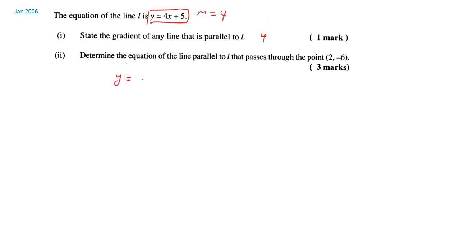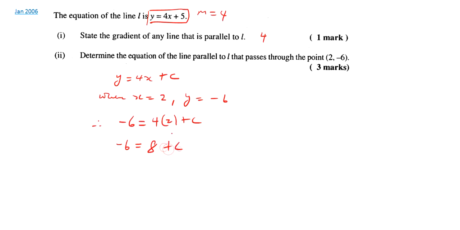So therefore we can say that y is equal to 4x plus c. And we know that when x equals 2, y is equal to minus 6. So therefore minus 6 is equal to 4 by 2 plus c. Minus 6 is equal to 4 2s are 8 plus c.